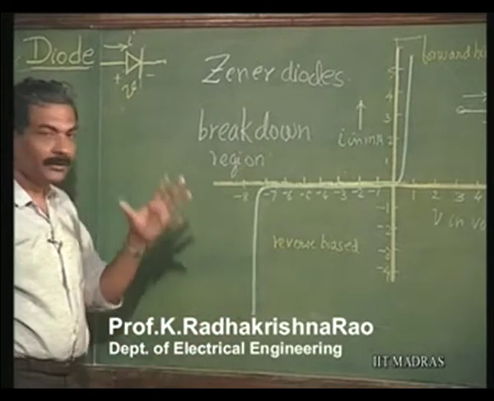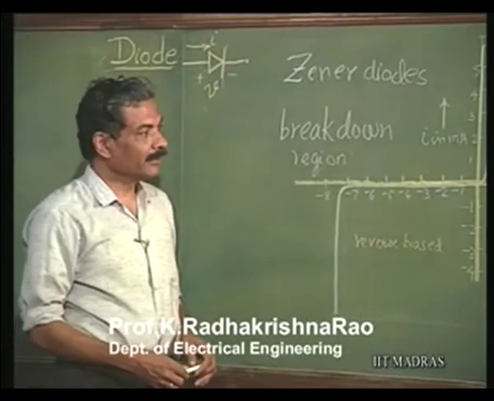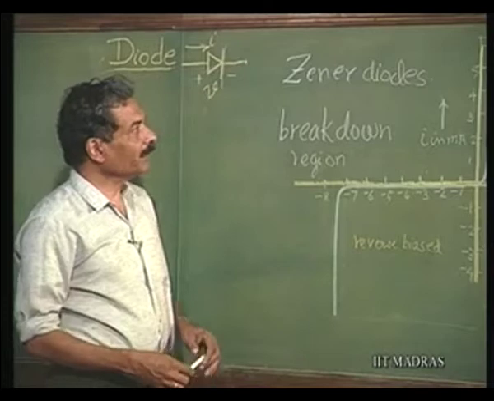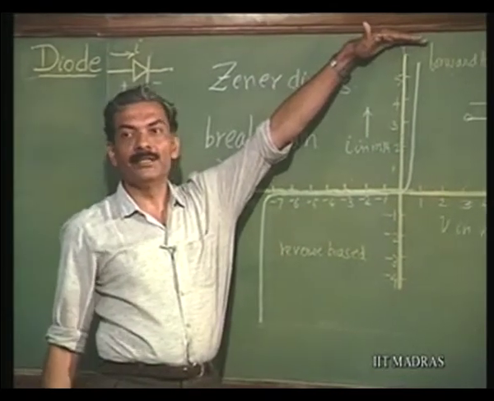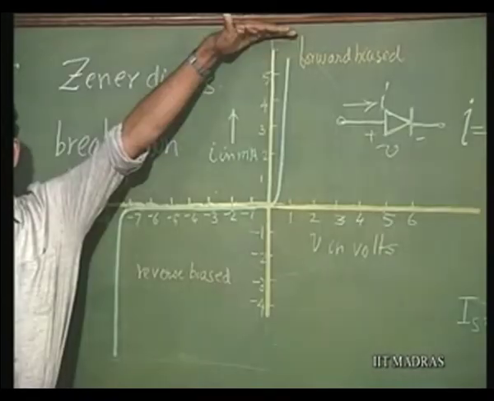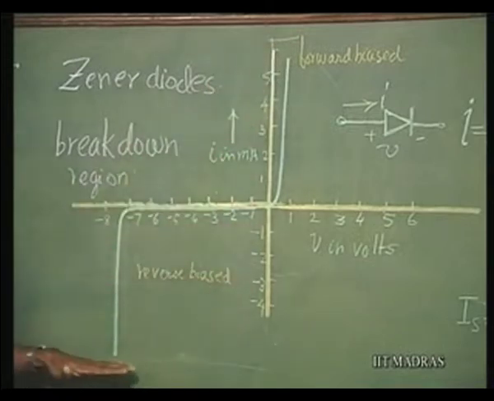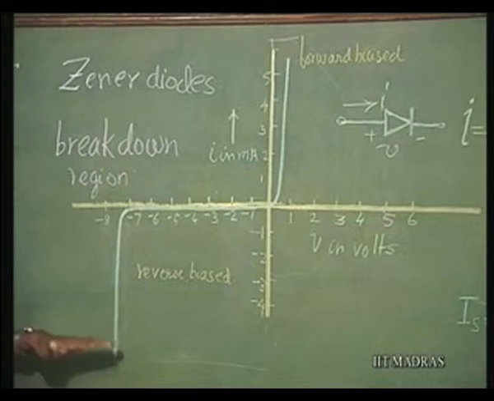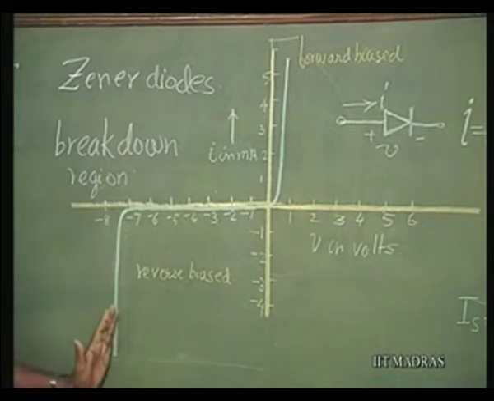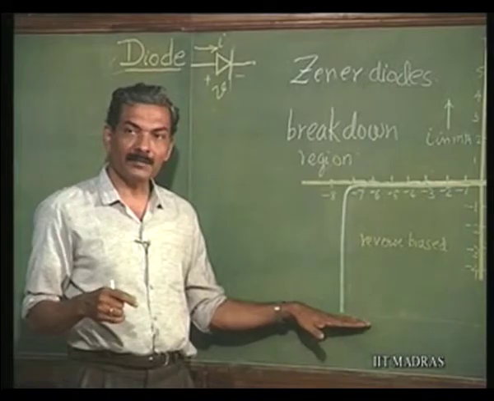So, for diodes fabricated by the manufacturers, they will specify up to what value of current you can use in the forward bias region, and up to what value of current you can use it in the reverse bias region. It is going to dissipate very much power here, because it is going to sustain a voltage which is pretty high, and it can also sustain a current which is pretty high.